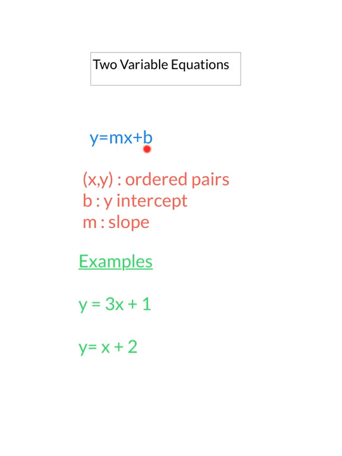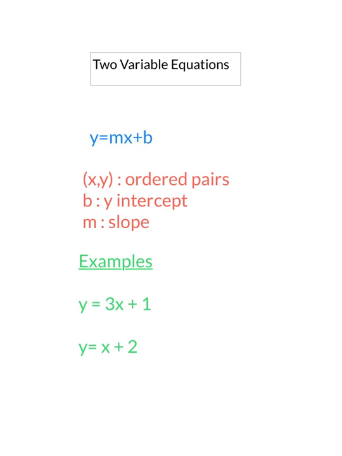B right here is the y-intercept. That is the place where the graph crosses the y-axis. And m is the slope. That is how we measure the direction and steepness of a line.